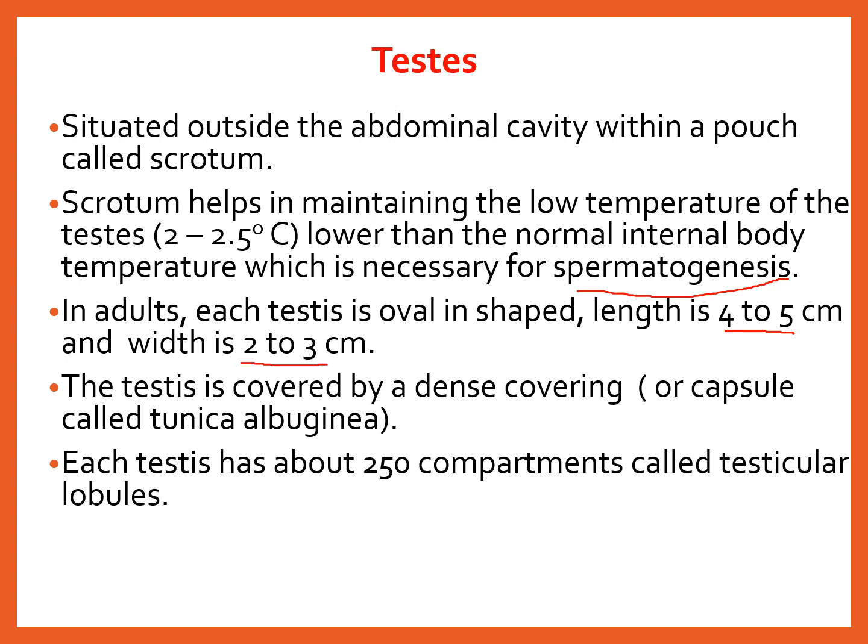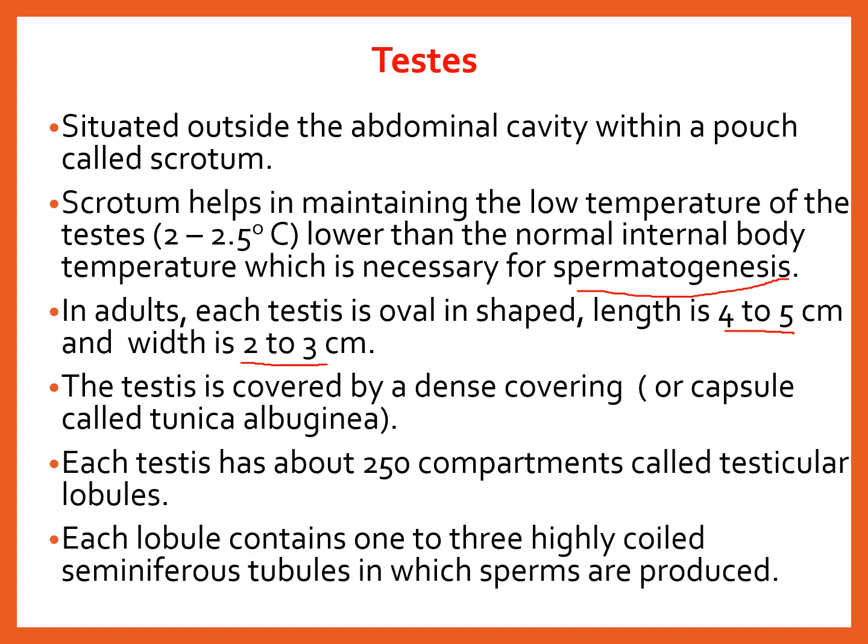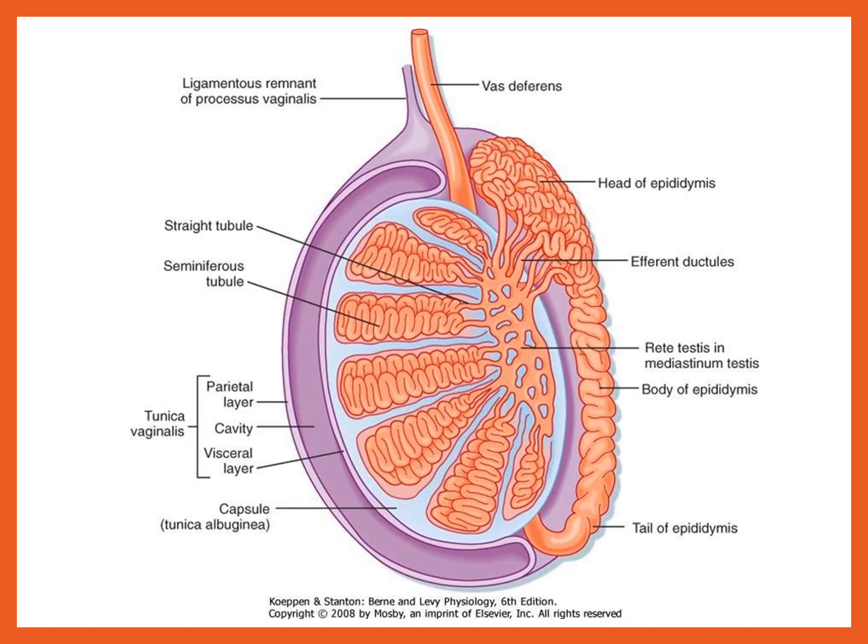Each testis has about 250 compartments called testicular lobules. Each lobule contains 1 to 3 highly coiled seminiferous tubules in which sperms are produced. Here we are seeing a section of testis.